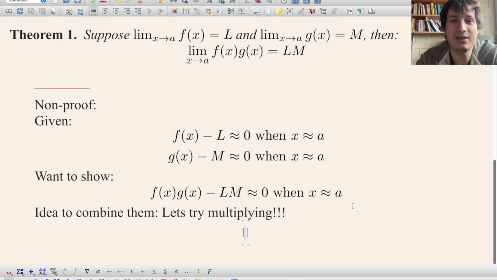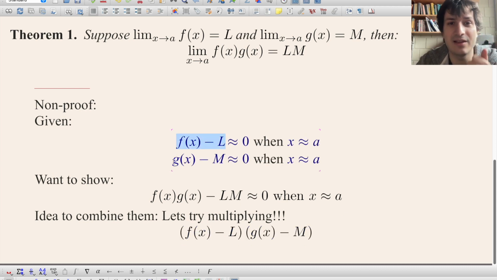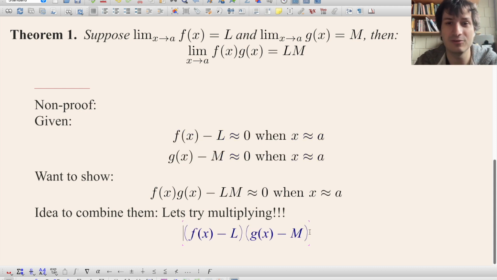So I'm going to take this first thing in brackets, f of x minus L. We know that's approximately 0. And we know the second thing, g of x minus m, is approximately 0. So if we take the left-hand side of this and the left-hand side of this, and we multiply them together, what do we get?